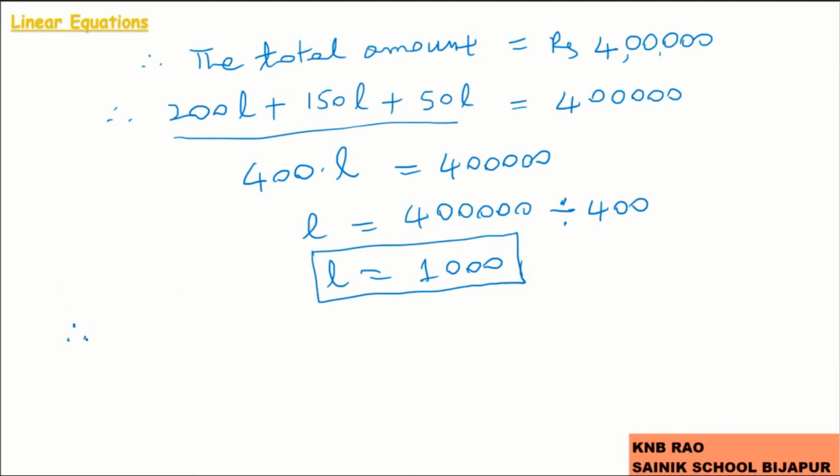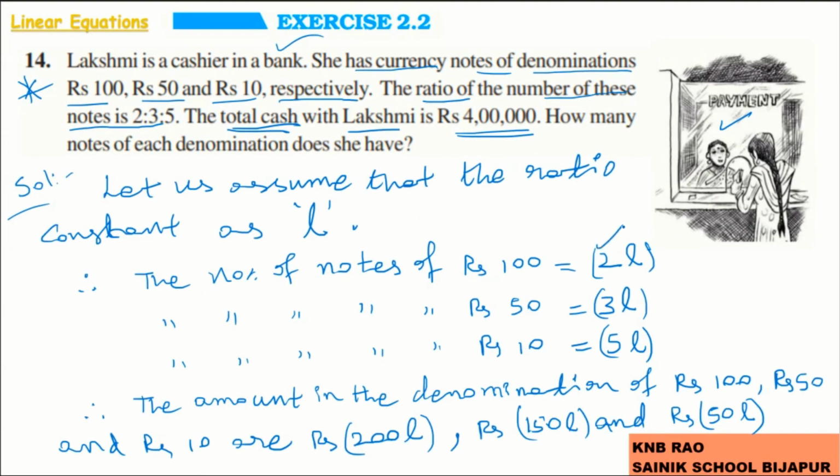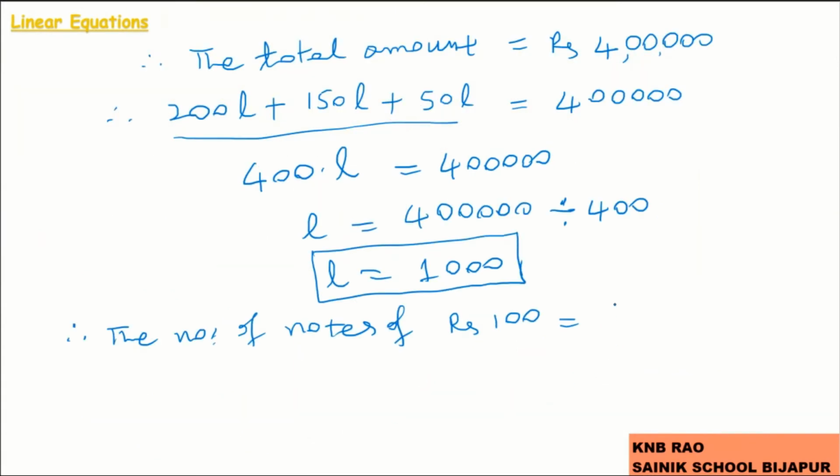So with this we can say, therefore, the number of notes of rupees 100, as we have 2 times L, that means 2 times 1000, which means 2000 notes of 100 rupees are there.